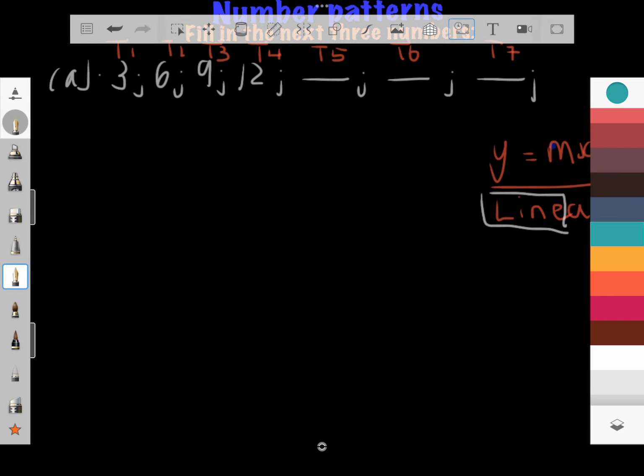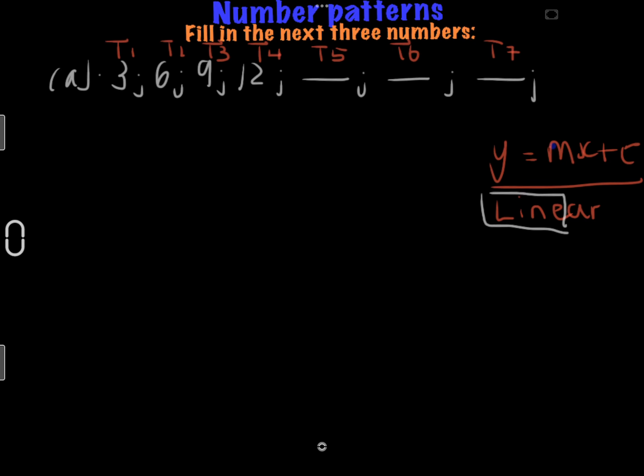Now, essentially what one would often do is to establish first the common difference in the sequence of this pattern. We know that D for difference is equals to term 2 minus term 1 is equals to term 3 minus term 2.